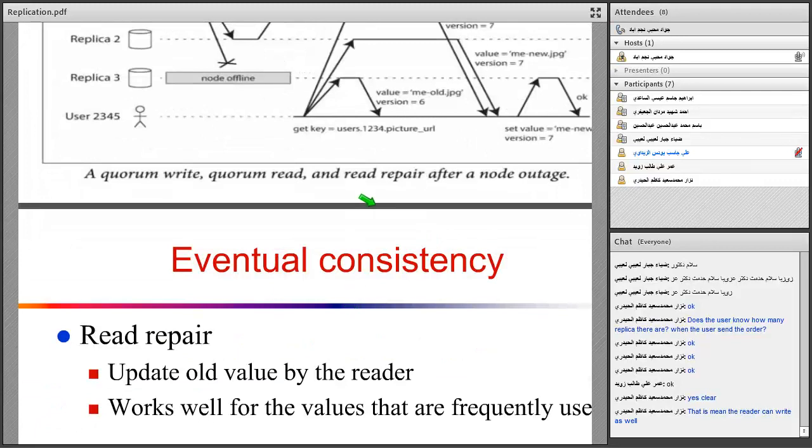But some values are not frequently used.